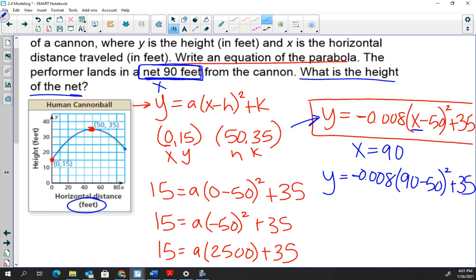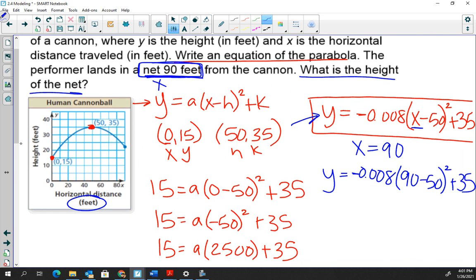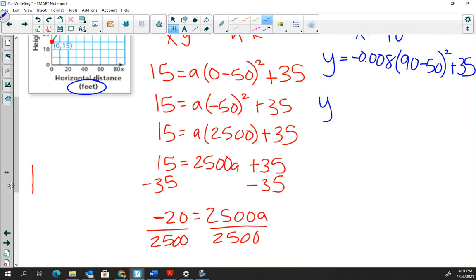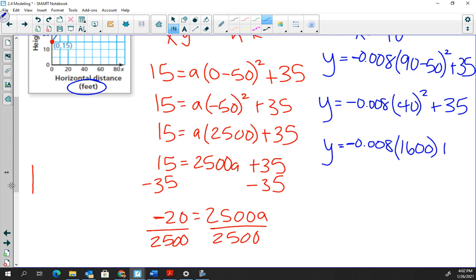And now to finish this off, it's just going to take some calculator work, okay? So we can do one of them. Y equals negative 0.008 times 90 minus 50, that's 40, squared, plus 35. Again, I can deal with that exponent. It's going to be negative 0.008 times 40 squared, that is 1600. Use a calculator if you need to. Now from here, you should definitely use a calculator.